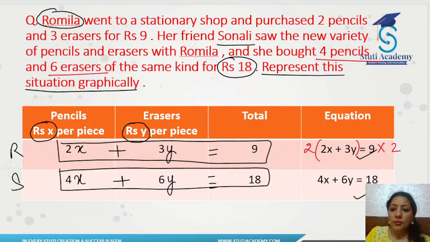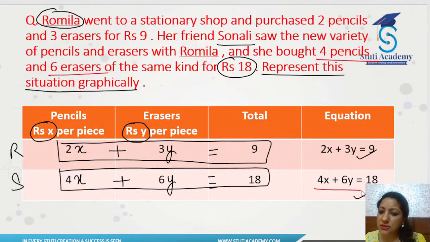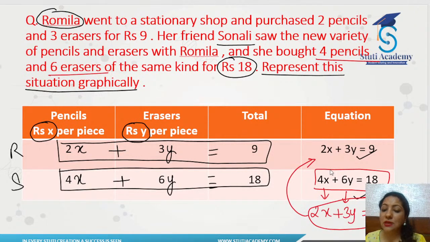Now, please observe here. What if I take this equation and I divide this throughout by 2? I divide LHS and RHS by 2. I will get here 2x plus 3y is equal to 9. So can I say it's the same equation? Yes, it is.